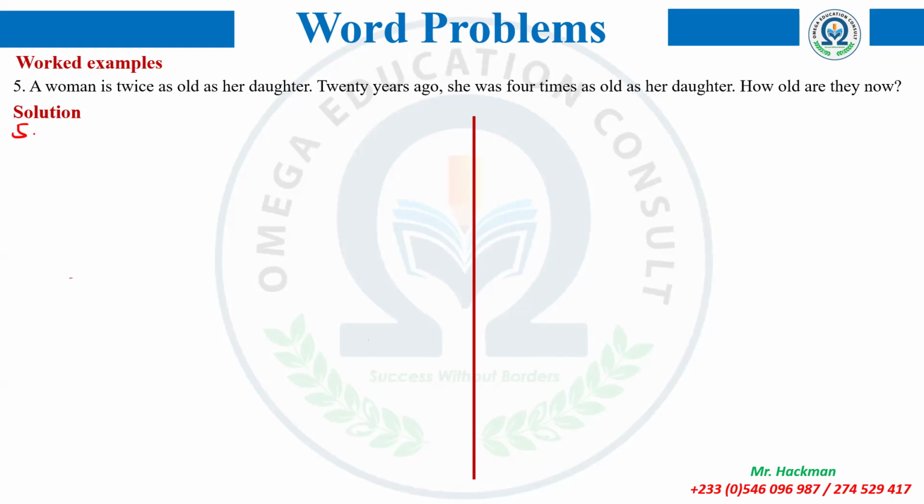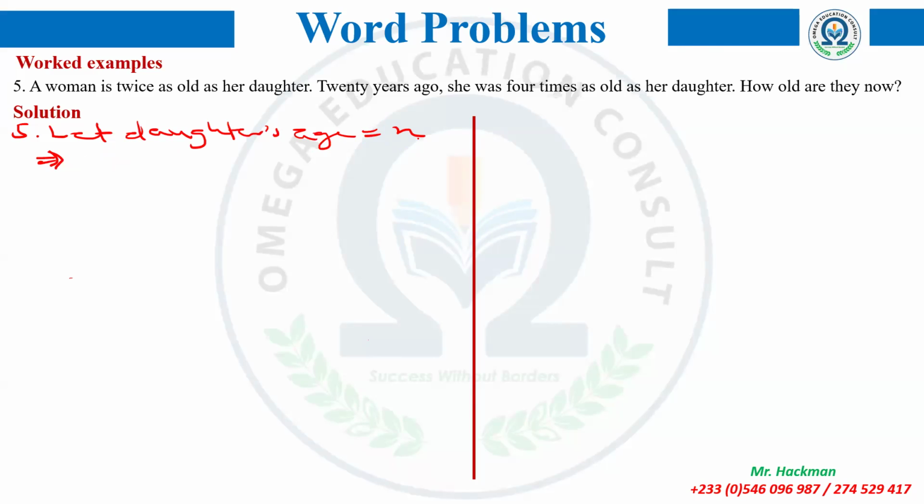So question 5. What do we do? Between the woman and the daughter, obviously the daughter will be younger. So that is the one that we represent by x. We are to represent the daughter's age by x. So the daughter's age is x. Please don't write let again.